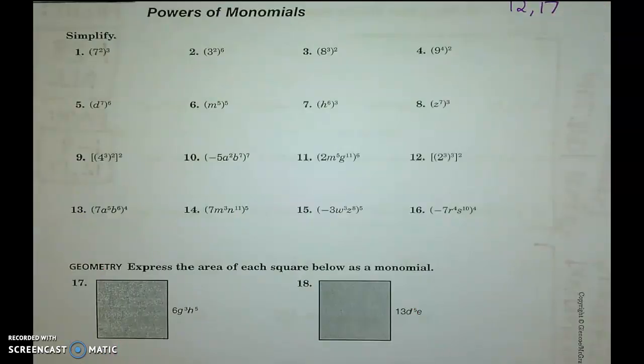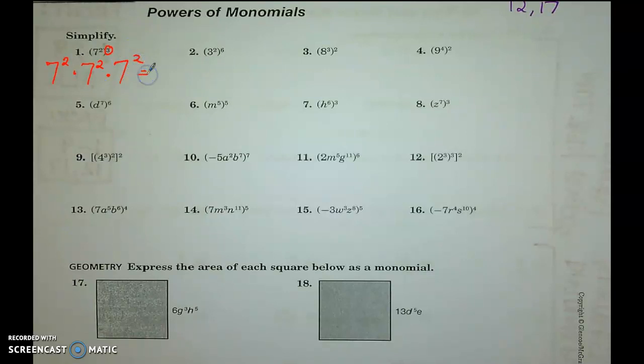Okay, so looking at the back side, I'm going to go over a couple of them from the top, but this is a review of multiplying or having a power to a power. When we do a power to a power, that means that we are going to multiply the powers together, because with number 1, remember that when we have this third power right here, that means that we are multiplying 7 squared to itself 3 times.